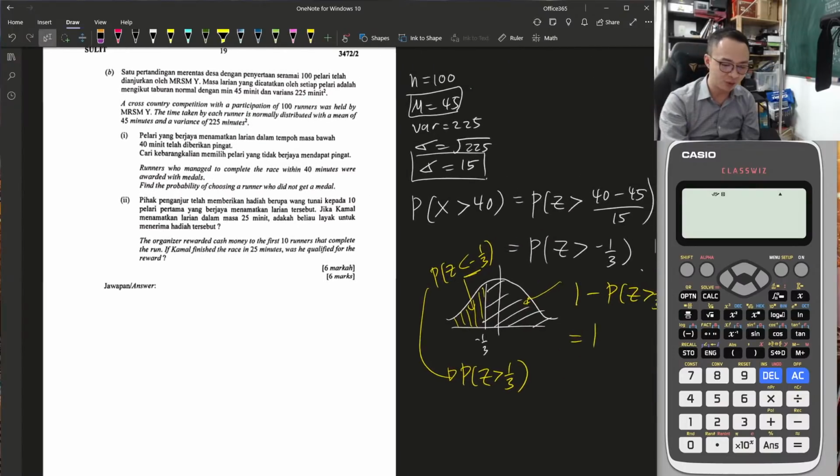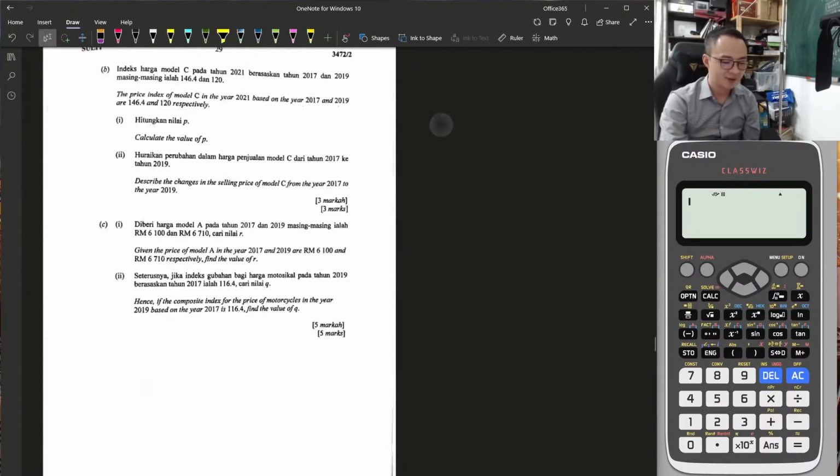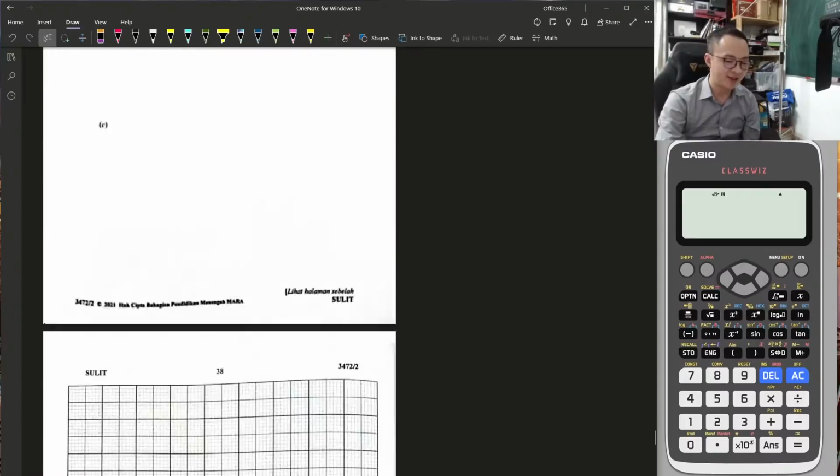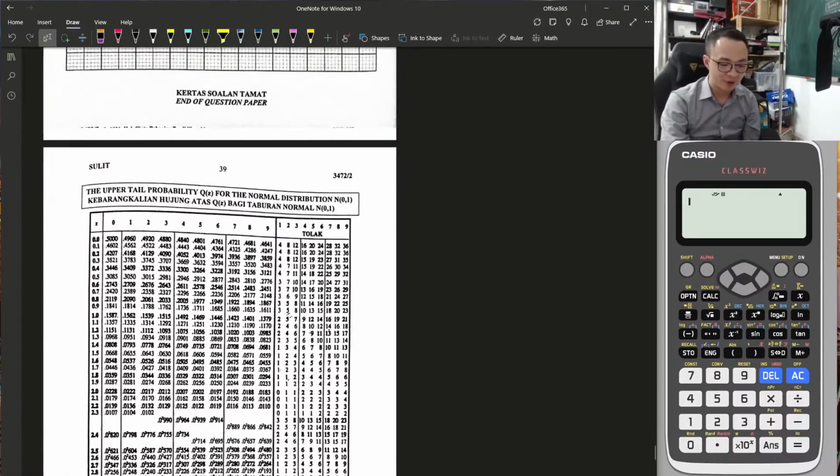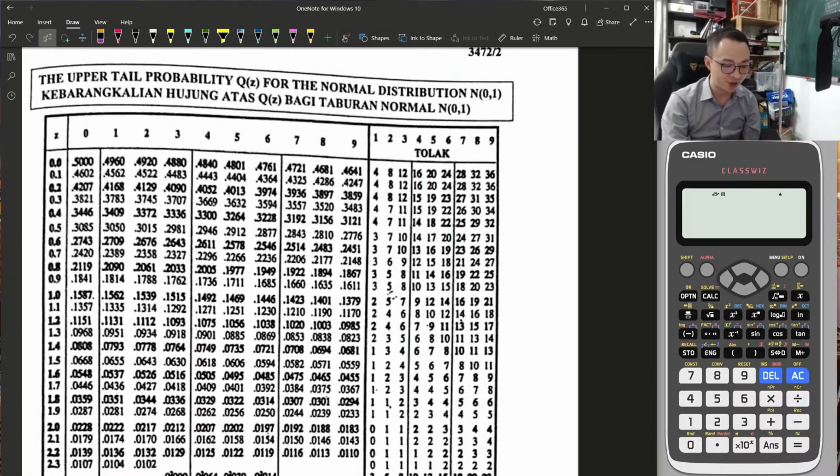I hope this one does give us some table. Does any table provide in? Yep. 1 over 3 is 0.3333. So 0.33, right? 0.333.